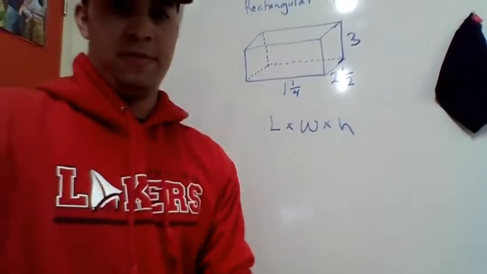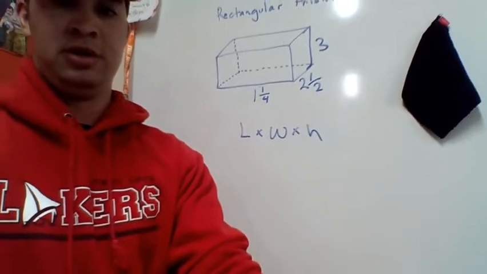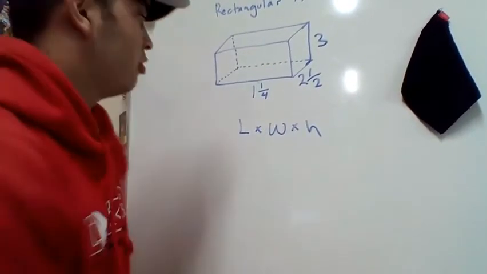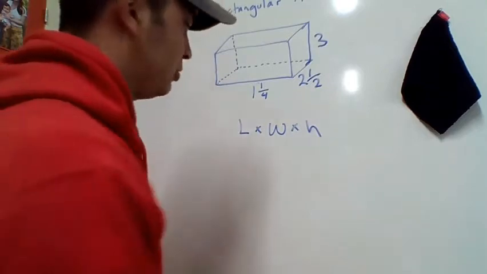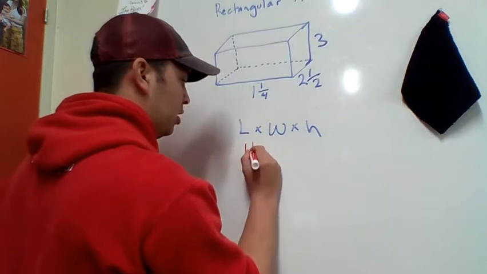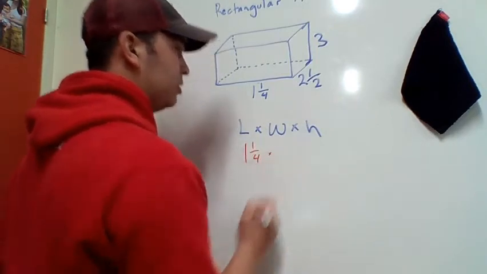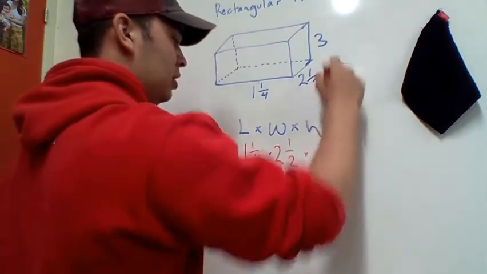If you remember, when we multiply fractions, we have to change them into improper fractions. So I'm going to set this up first. We're going to talk about length times width times height. We have a length of 1 and 1/4 times 2 1/2 times 3.